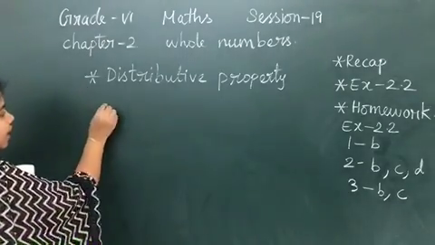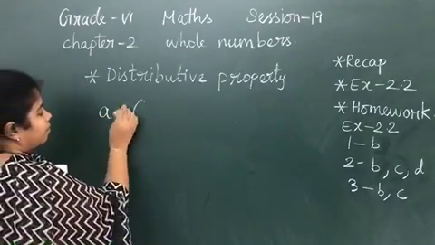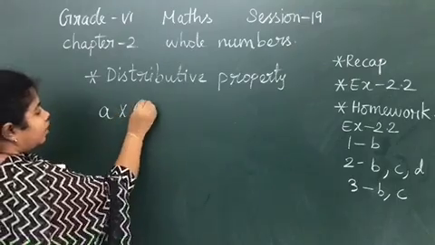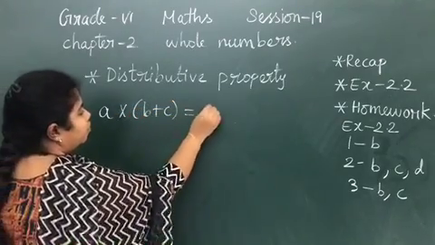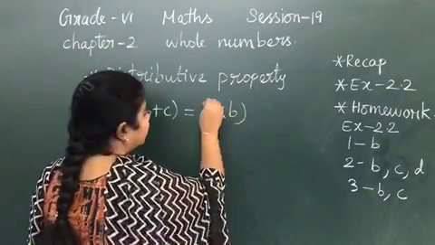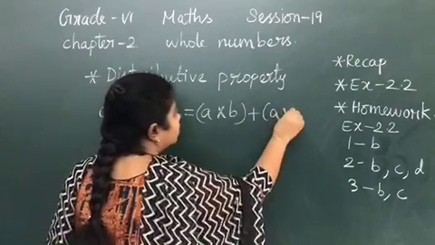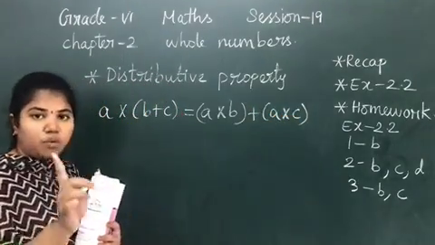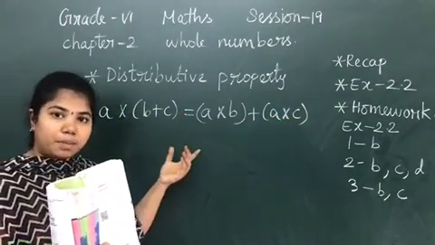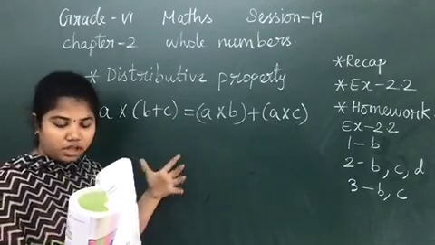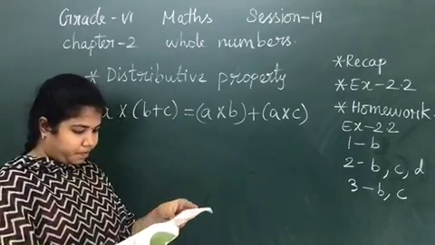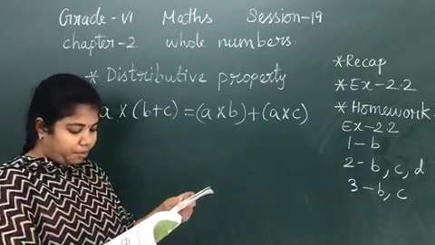See this, A into B plus C is equal to A into B plus A into C. This is the only distributive property given in your book. See page number 38 in your book.